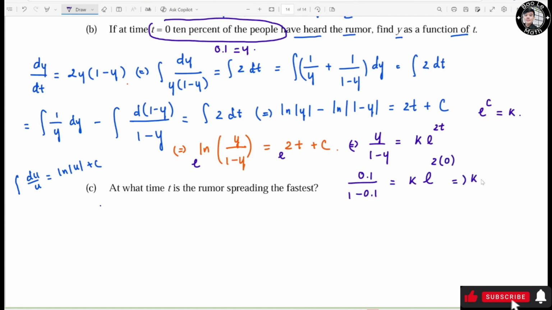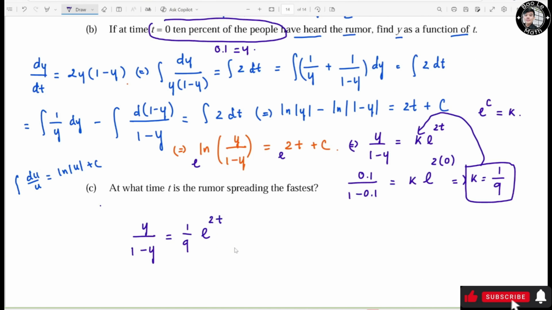So k = 0.1/0.9, which is 1/9. So we're going to substitute 1/9 for k back over here. We end up with y/(1 - y) = (1/9)e^(2t).